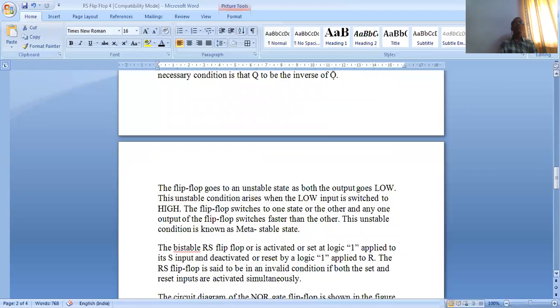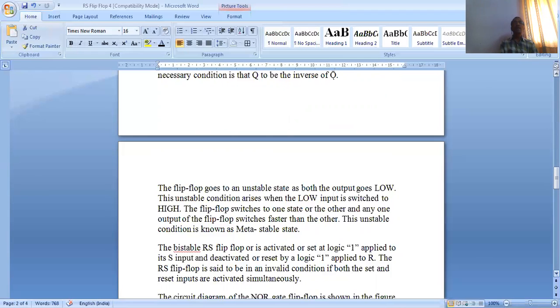When R equal to 1, S equal to 0, the output of the RS flip-flop changes to Q equal to 1, Q bar equal to 0. And in the last case, when R equal to 1, S equal to 1, both the AND gates are disabled. Therefore, the output of the RS flip-flop is in the forbidden state.